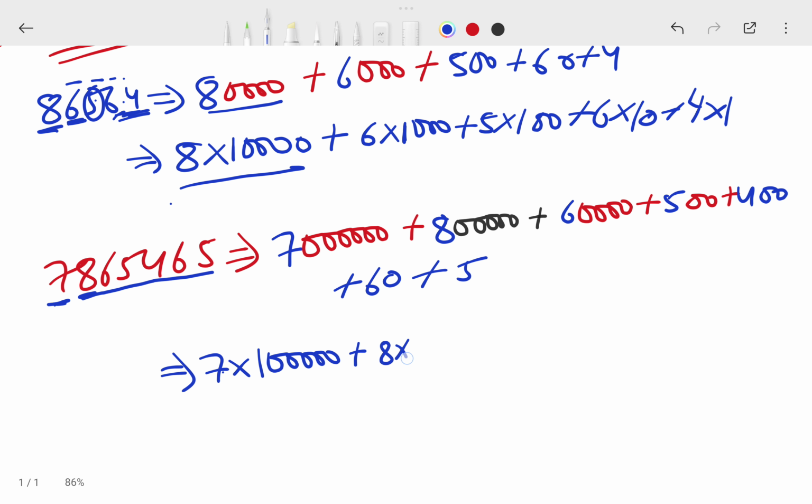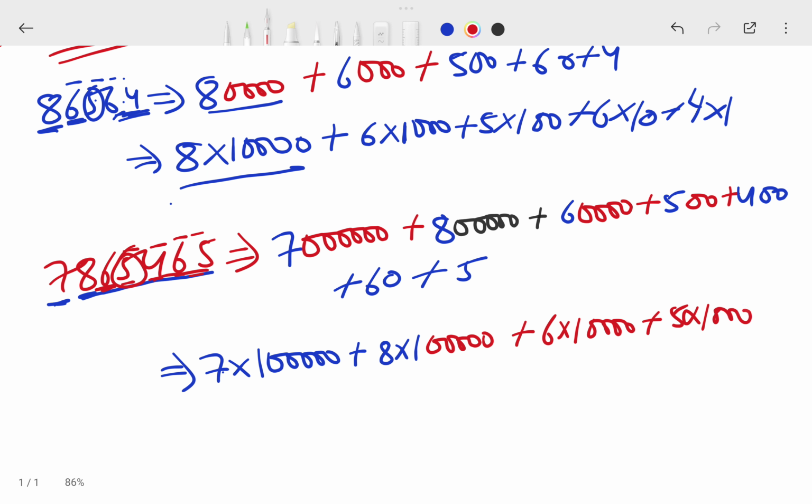Write 8 times 1. After that, how many digits? Count 1 2 3 4 5. Write 5 zeros. Now plus symbol. Then 6 is given. Write 6 times 1. After that, how many digits? 1 2 3 4. Write 4 zeros. Simple. After that, 5 is there, write 5 times 1. After that 5, how many digits? 1 2 3 digits. Put 3 zeros. Simple.